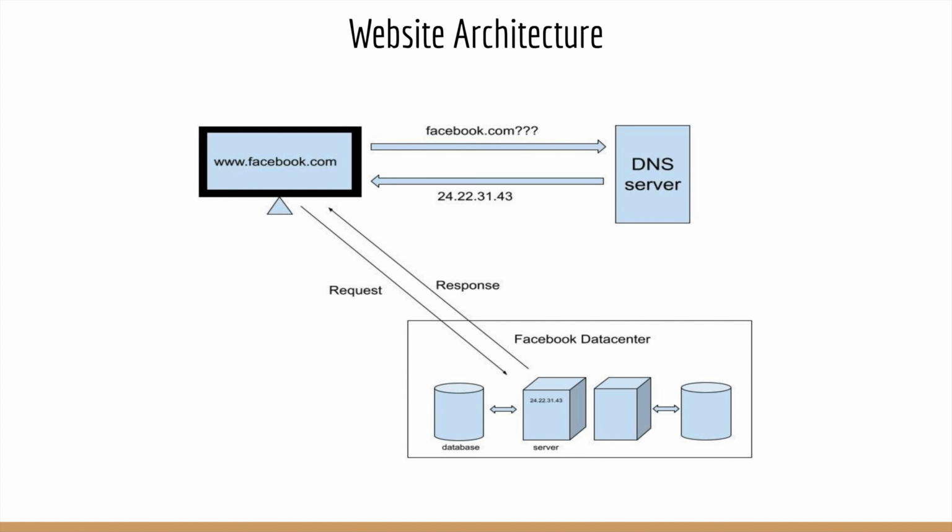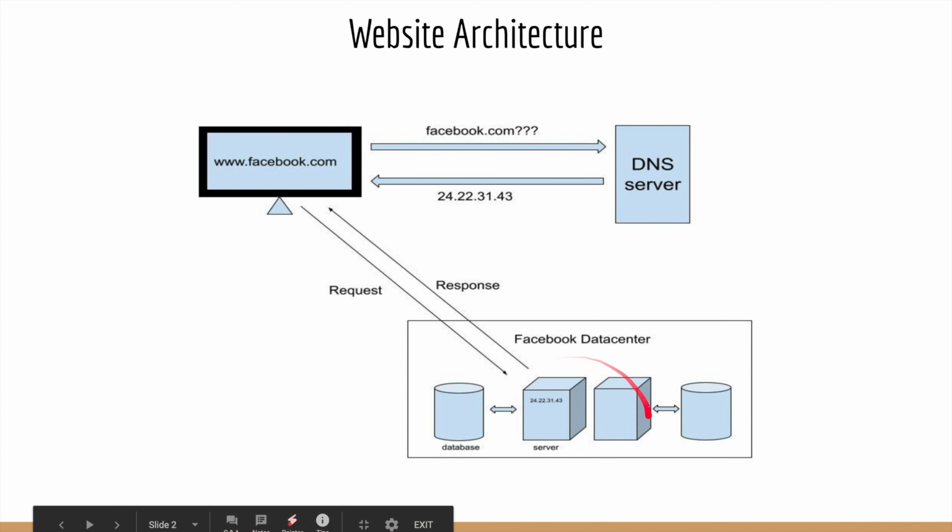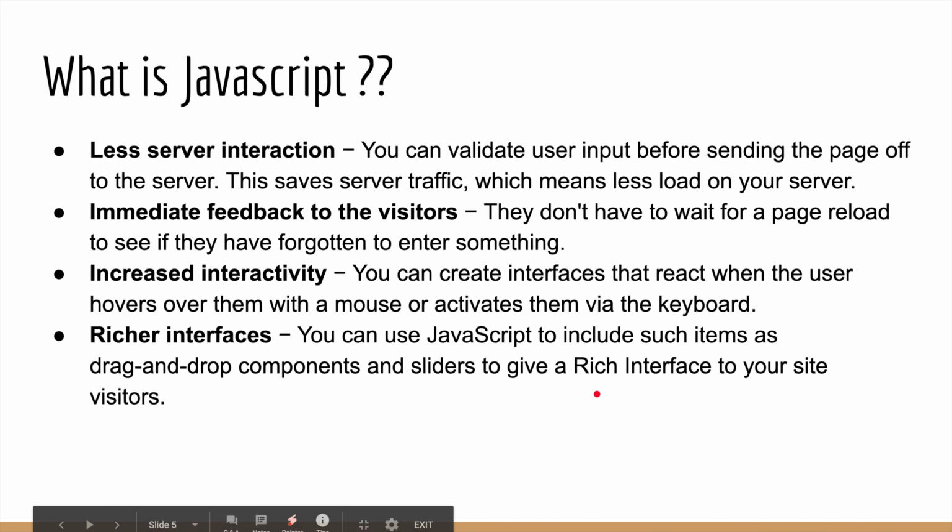And if you translate that to the server side, anything that runs on the server is called a server side language. So JavaScript is a client side language in our case, but it's also server side in some other cases, but we need not discuss that now.